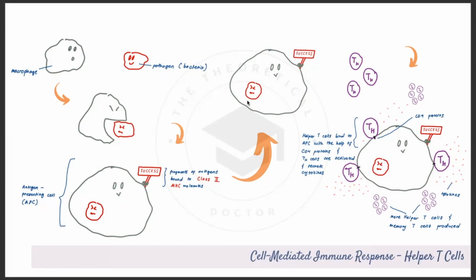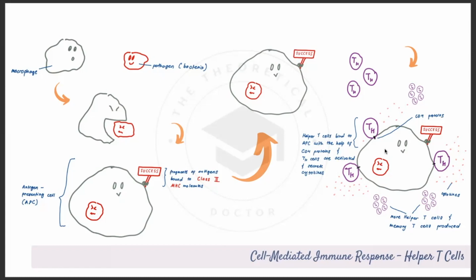So now after it has become an antigen presenting cell, these helper T cells will come and bind to this antigen presenting cell. So it binds to the antigen MHC complex on the antigen presenting cell with the help of CD4 surface proteins.